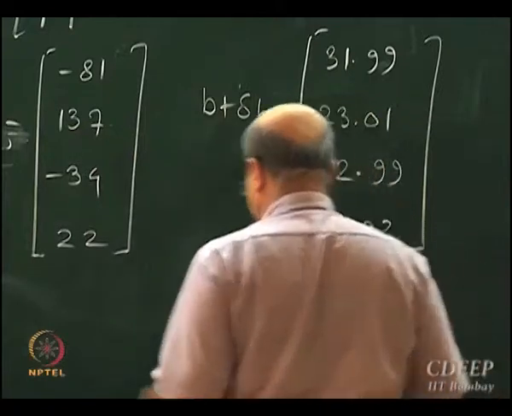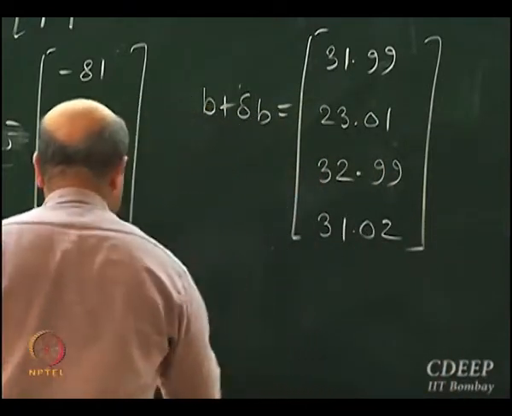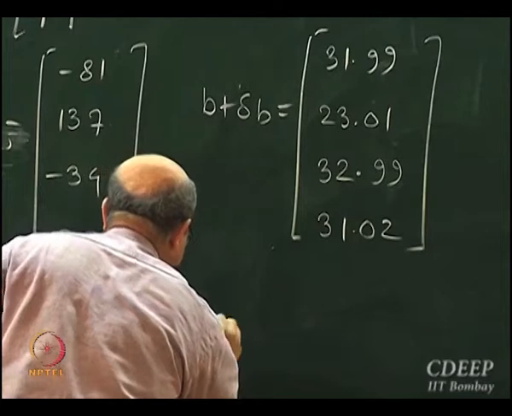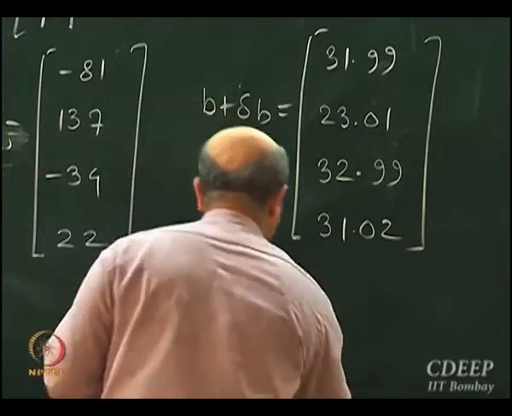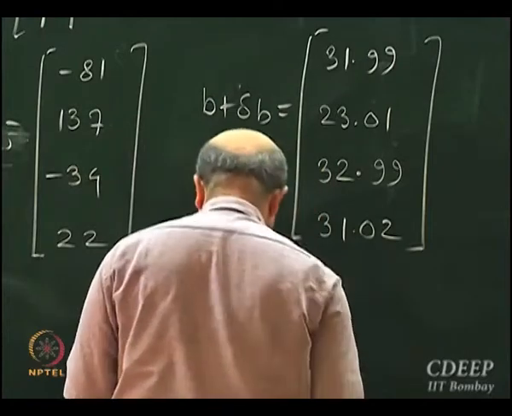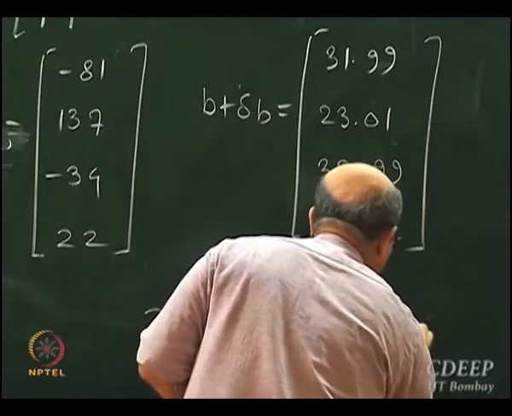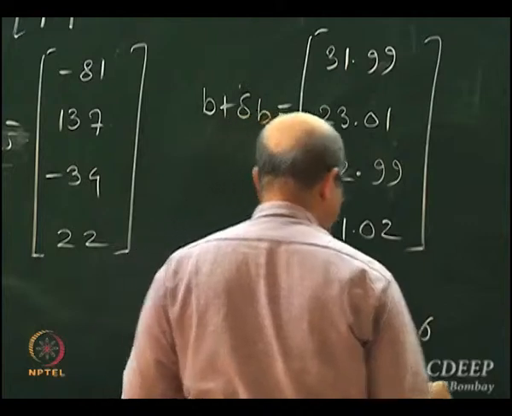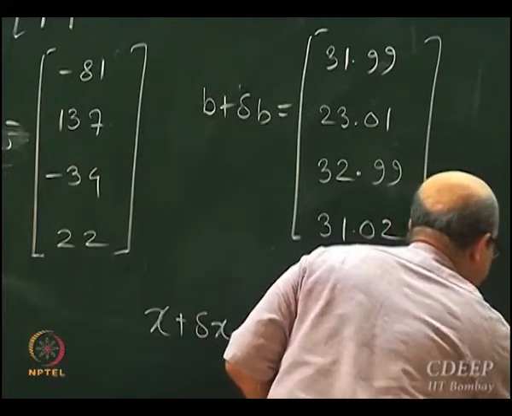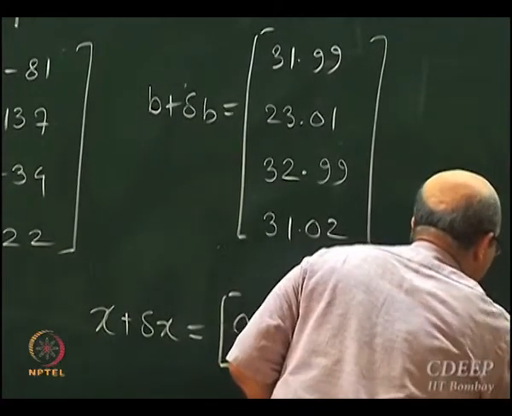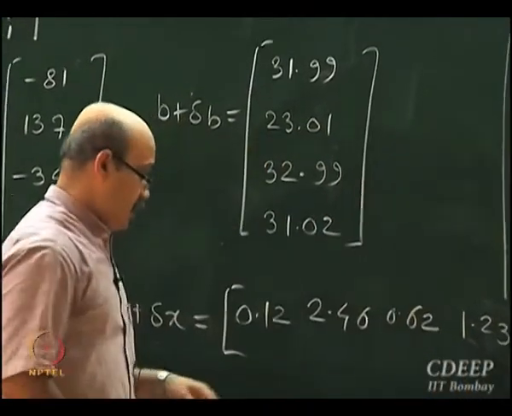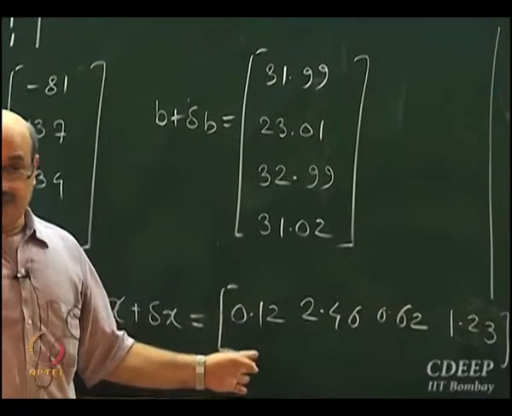If I introduce this perturbation, my x plus delta x becomes 0.12, 2.46, 0.62. Look at this solution.